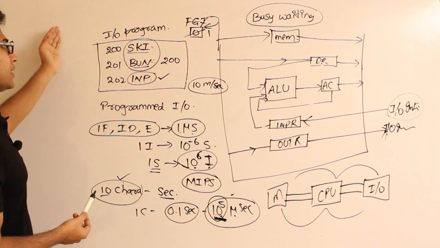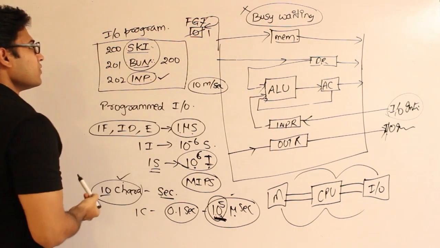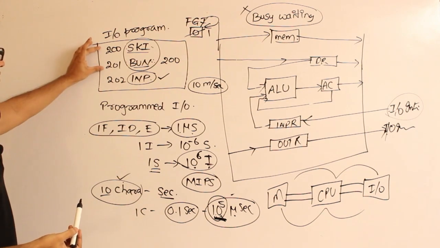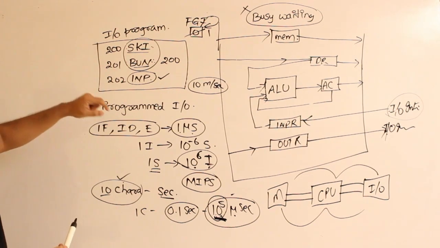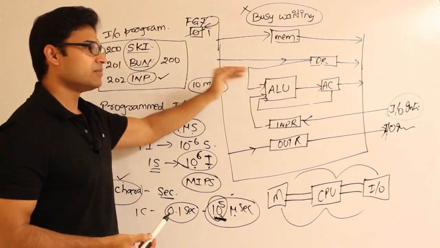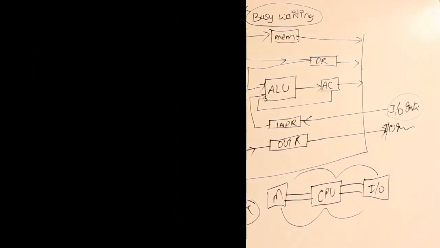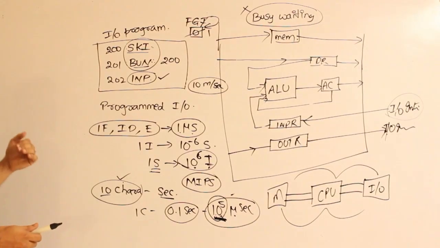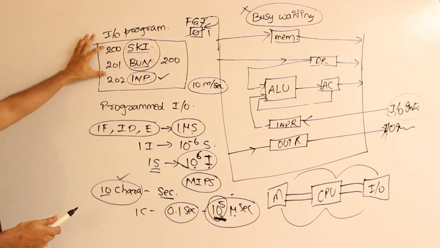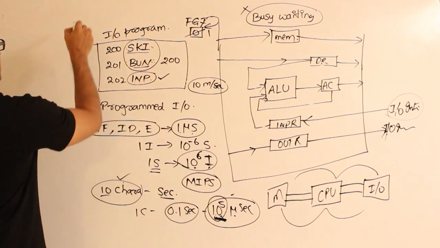The CPU will be doing something else. Instead of busy waiting, the CPU will be doing some useful work, and whenever there is an input available in the register, it is the responsibility of the IO device to interrupt our CPU, saying that a word is available, please execute that input function. Then only our CPU is going to execute the input function.